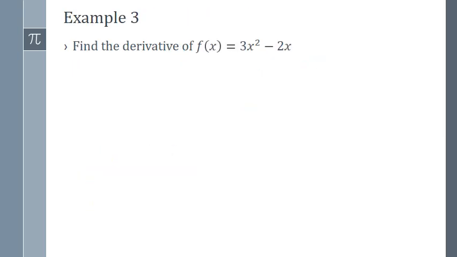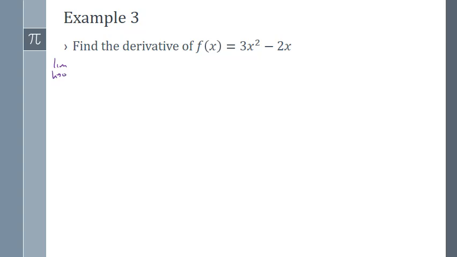Alright, so for this one, find the derivative of f of x equals 3x squared minus 2x. We don't have to evaluate it anywhere. We're just going to find the general equation for the slope at any point on the curve. We're going to start with the limit process. Limit as h goes to 0.